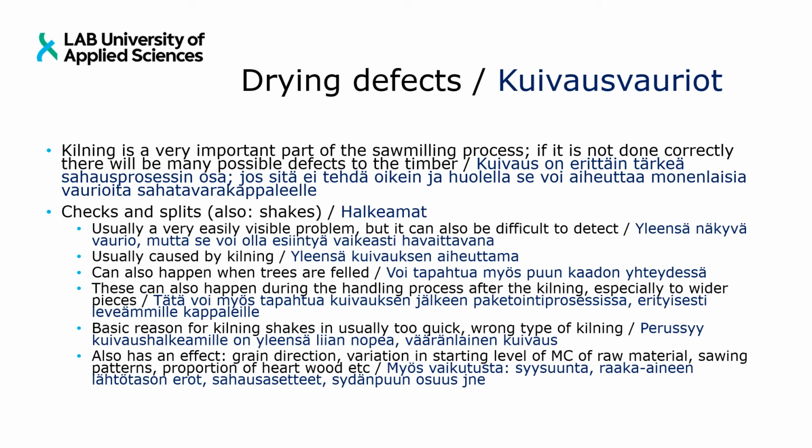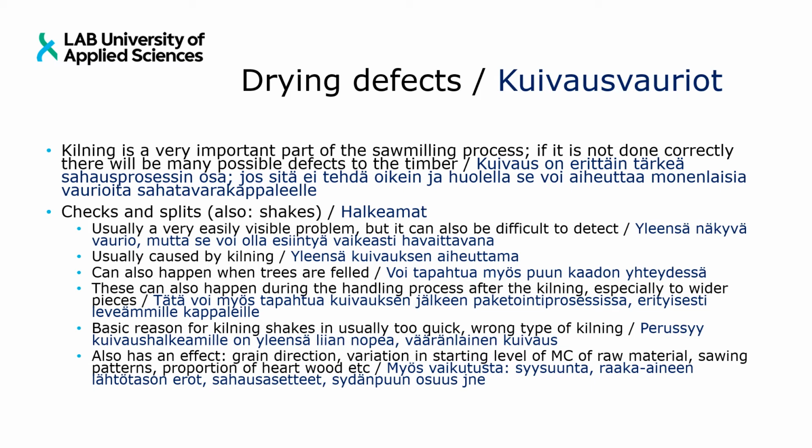Then let's talk about drying defects. Drying and kilning is a very important part of the sawmilling process, and that is a part of the process where you can actually do a lot of damage to the timber. And we just go through the most typical ones, what might happen there. First of all, checks and splits, which are also called shakes.